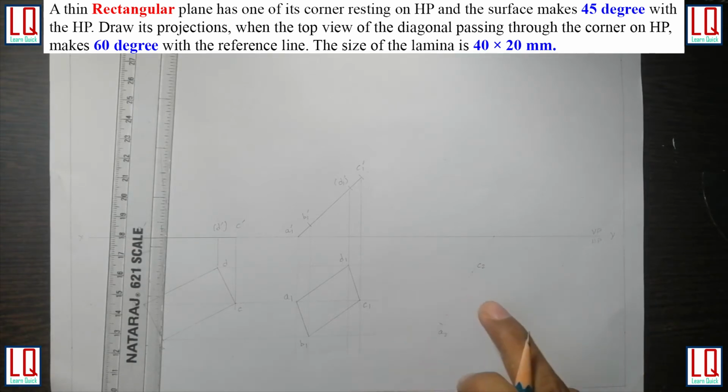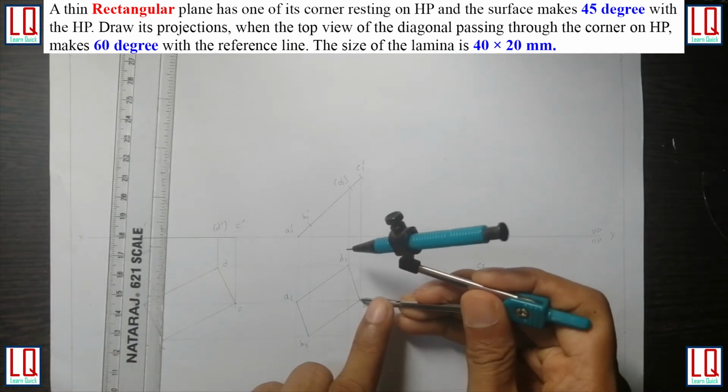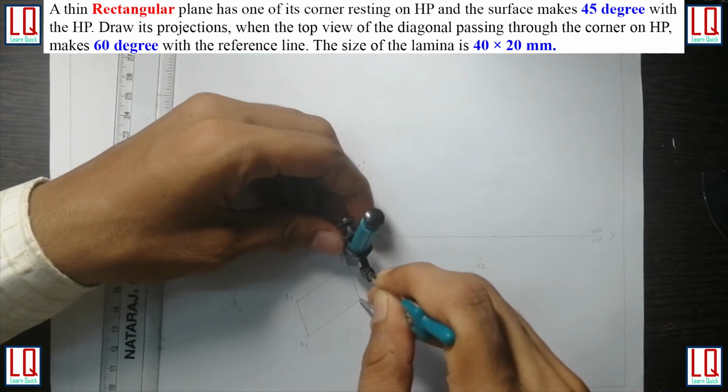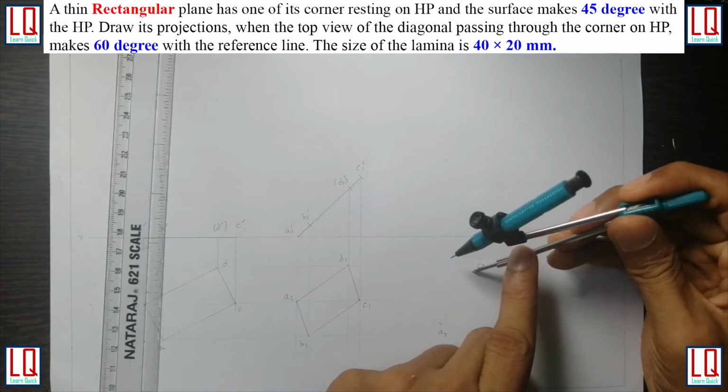Now I need to find the missing corners, that is D2 and B2. To do that, measure D1 from C1 and make an arc.